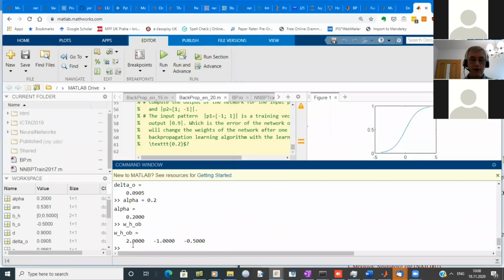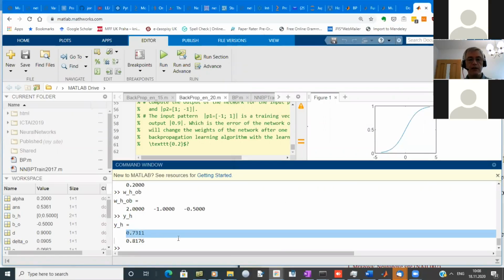So see the value output of the first hidden neuron, we see that it is this one, 0.7311.